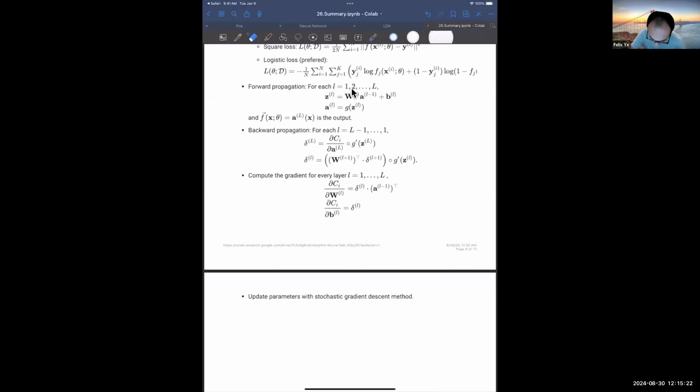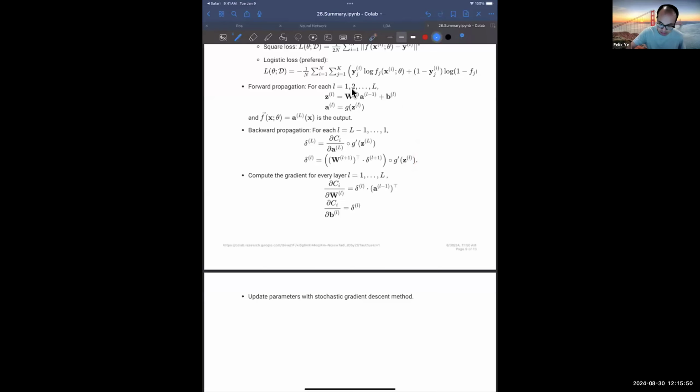After that, we use the forward and backward propagations to calculate the gradient for each layer from 1 to L. So we can calculate the partial of the sample error C_i with respect to W_L, and the partial of the sample error C_i with respect to the bias vector b_L here.